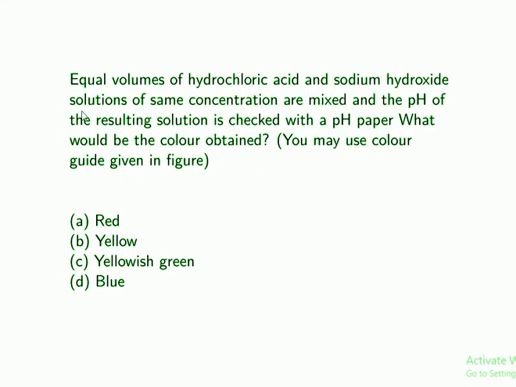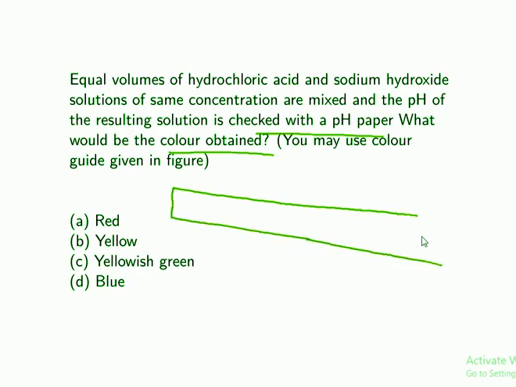Hydrochloric acid and sodium hydroxide solution of the same concentration are mixed, and the pH of the resulting solution is checked with a pH paper. What would be the color obtained? Here they gave one figure, which is missed in this. So we have 7, 8, 9, 10, 11, 12, 13, 14.